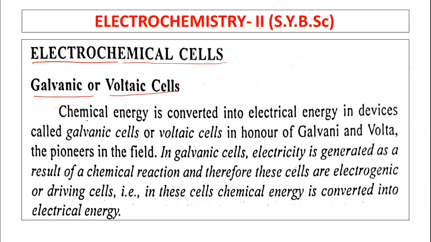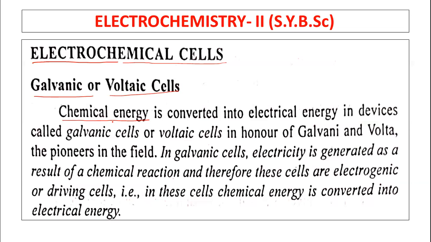So in a galvanic cell, chemical energy is converted into electrical energy. At the cost of the chemical reaction, the electrical energy is produced.